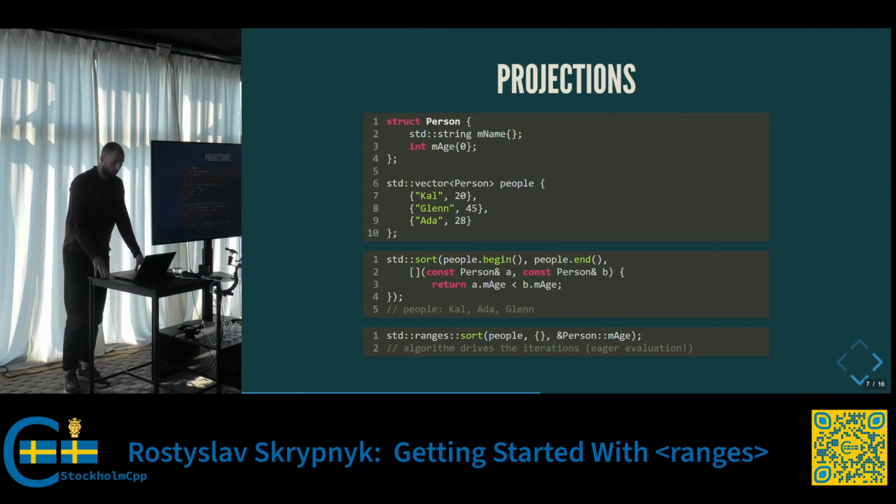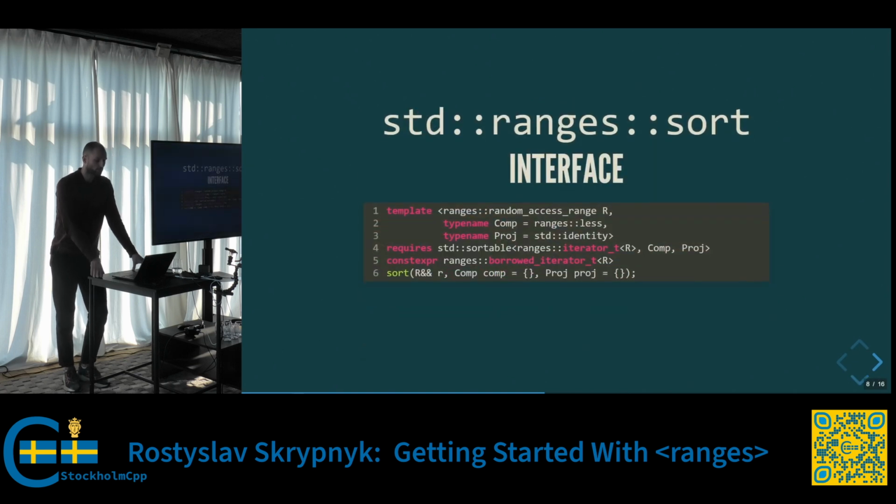So maybe you know this empty brace. What is that about? Okay, let's look at one of the signatures of this ranges sort. You see it's a template on random_access_range, which is a concept.